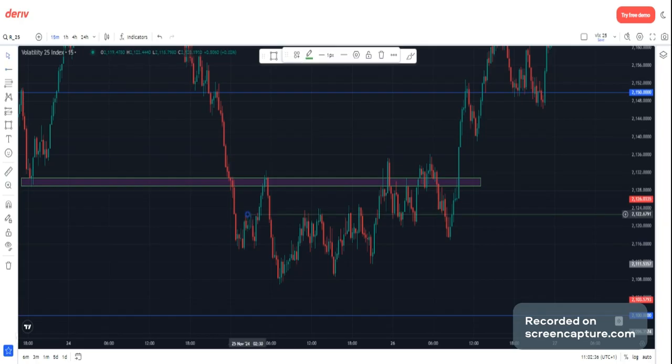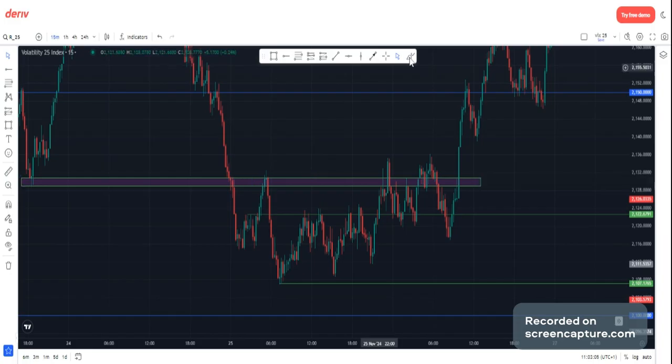So the first thing I did was use my horizontal ray to map out my levels, the levels in which price has been consolidating. The place with the rectangle, where I mapped out a line here, is the lowest of the consolidation, and this rectangle zone, my support and resistance zone, was the highest point price consolidated to.